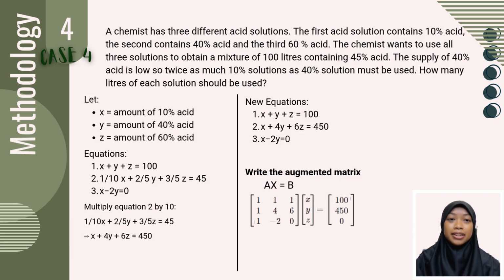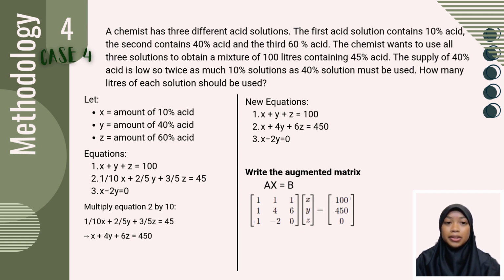First, we let X equal the amount of 10% acid, Y equal the amount of 40% acid, and Z equal the amount of 60% acid. Then we put it in equations. Equation 1: X plus Y plus Z equals 100. Equation 2: 1/10 X plus 2/5 Y plus 3/5 Z equals 45.